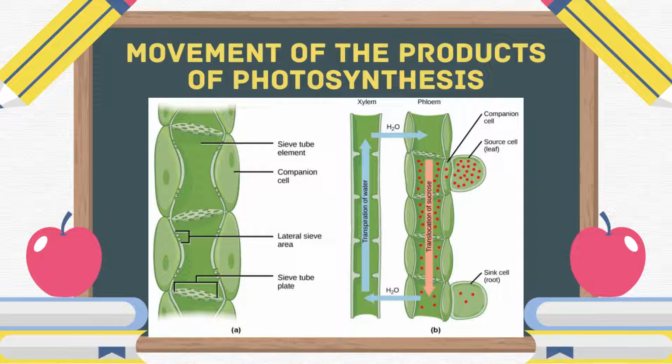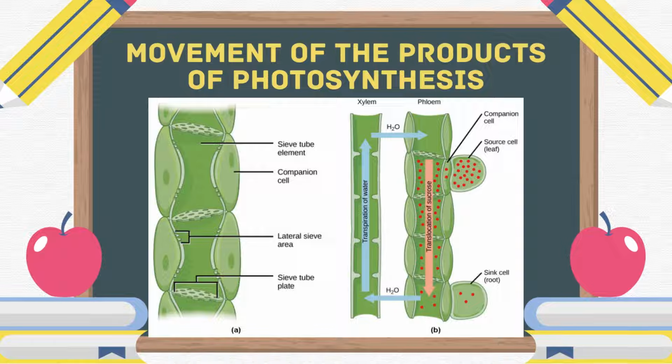Now look at these pictures here. Look at picture A. Tell me what's going on there. Or rather look at picture B, because there are arrows there indicating what's going on. Transpiration of water. There's also the xylem and the phloem. Tell me what is the difference? What is the xylem? What is the phloem?